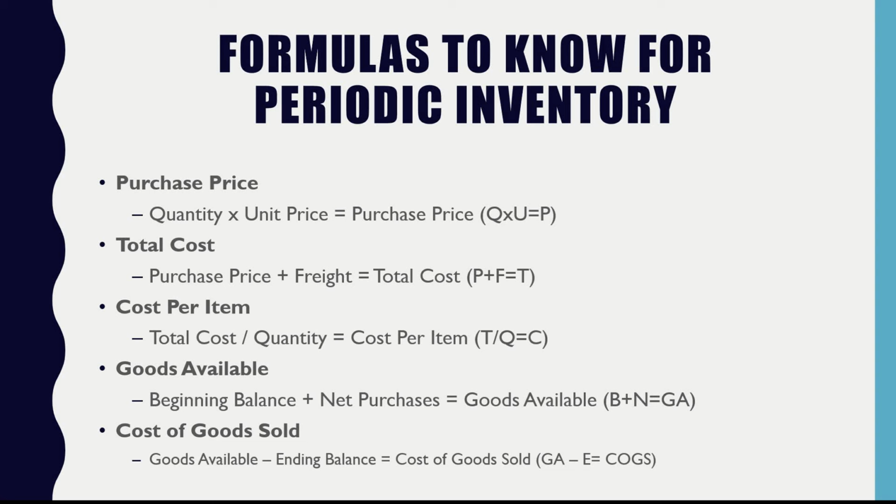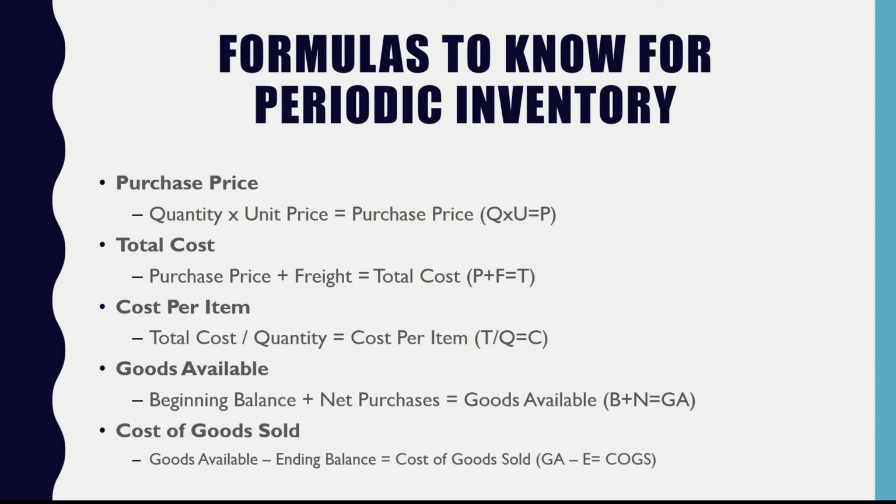Then that's where we're going to start calculating our cost per item. So in this case, our cost per item is going to be our total cost divided by our quantity. When we look at our total cost, we're spreading the cost evenly amongst the quantity that you purchased.